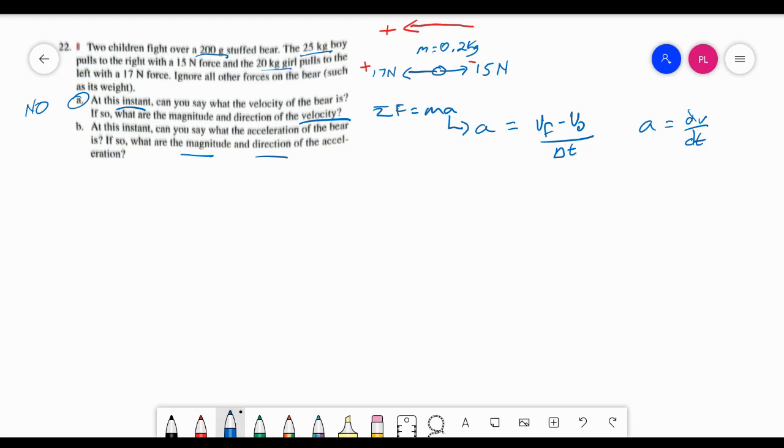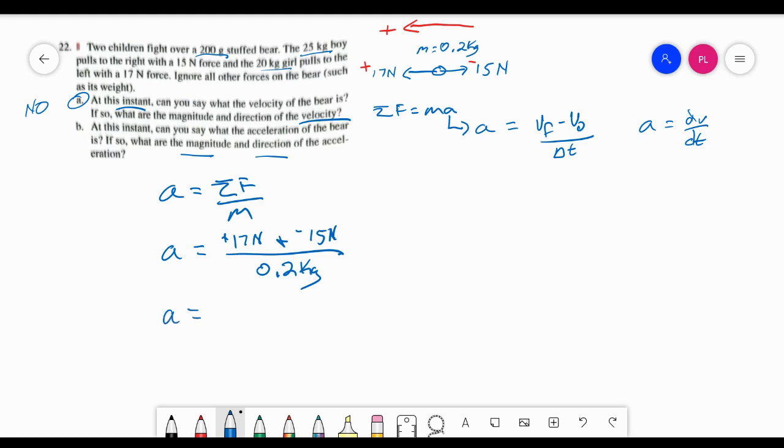So now, what is the magnitude and direction of the acceleration? Well, acceleration is the sum of all forces over mass. If I put those values in, the sum of all forces is the positive 17 newtons plus the negative 15 newtons, divided by the mass, 0.2 kilograms.